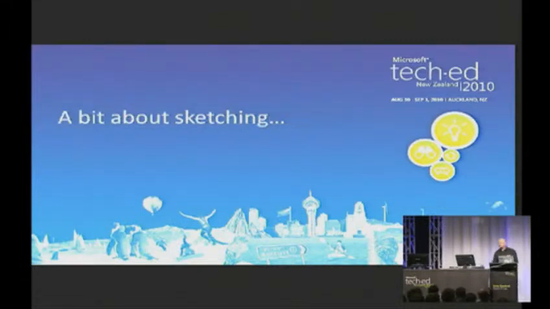I won't spend too much time on this, but I just wanted to emphasize the importance of sketching. I think as we start to envision the experiences that we want to create, it's really important for us to be able to work in an agile fashion, in the sense of being able to generate lots of ideas without too much emotional effort, to try those ideas out on real users or stakeholders, gather that feedback and iterate and refine our ideas without being encumbered by a whole bunch of code, which really quickly starts to slow us down and starts to influence our choices, sometimes even subconsciously.